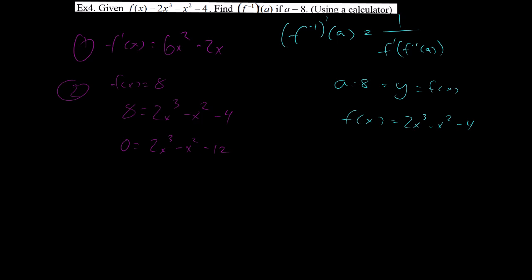Well, that's kind of hard to just do off the top of your head. So what I'm going to do is plug exactly that into your calculator. 2x cubed, then minus x squared, follow along with me, x squared minus 12.